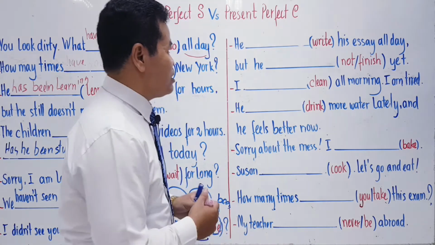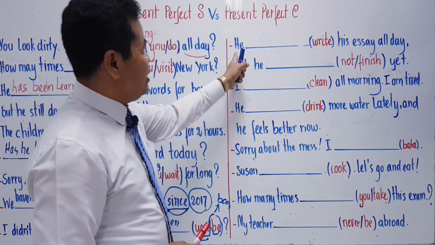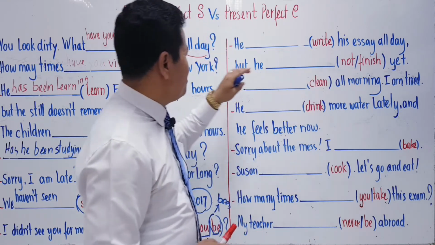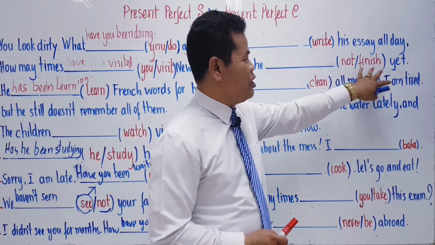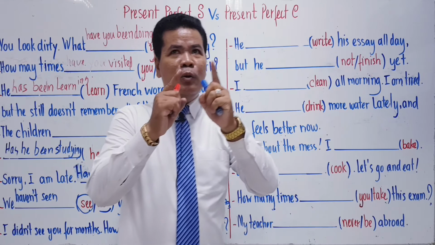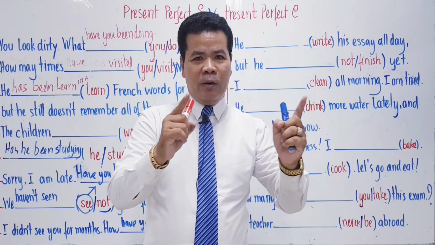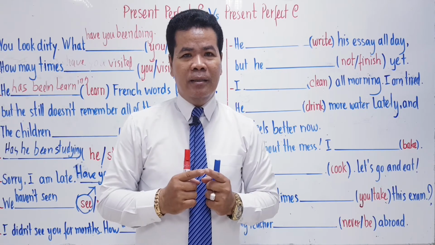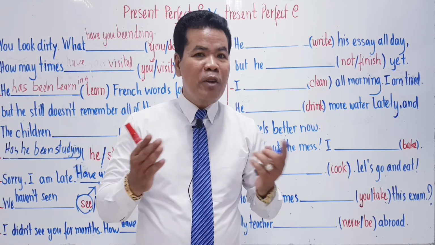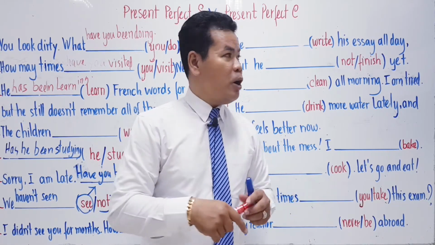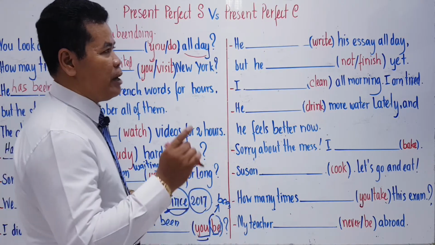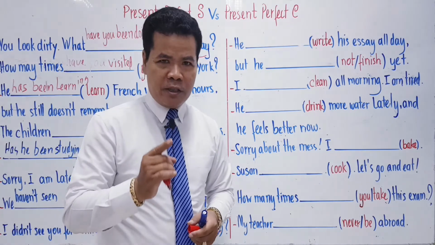So now, let's go to the first one. He writes his essay all day, but he finished yet. So think about the two actions, okay? Has he finished writing or not yet? He's still not finished writing yet, is that right? So, in the first blank, we are going to use present perfect progressive.